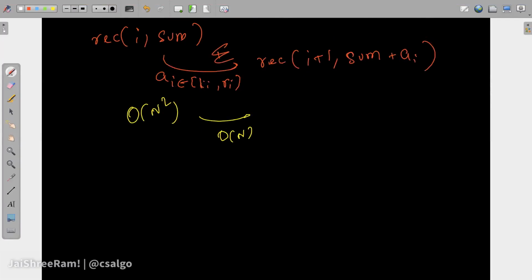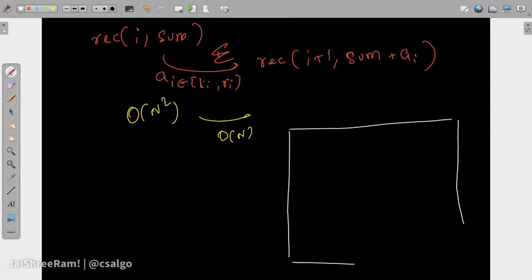So when we write it in an iterative fashion, what will end up happening is you have some rows, right? And at this particular position, we are basically calculating from the next states, which are the states I can go to next.